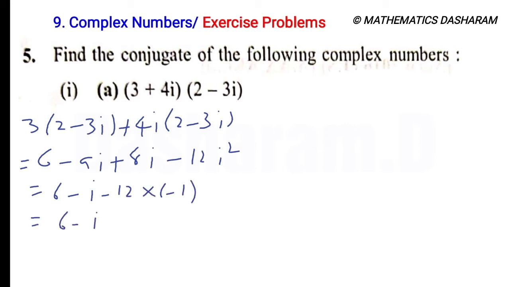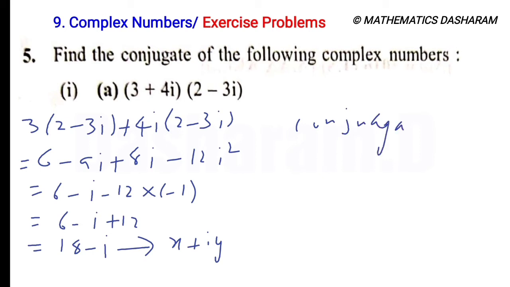So 6 minus i, minus 12 into minus 1 is plus 12. So 6 plus 12 is 18 minus i. Now it is exactly in the form of x plus iy. So then its conjugate: the conjugate of 18 minus i becomes 18 plus i.